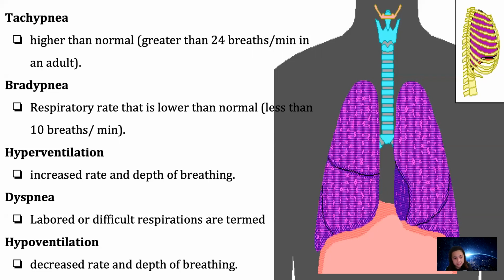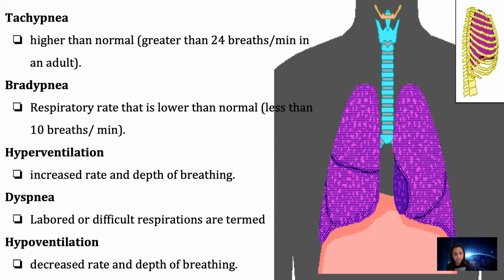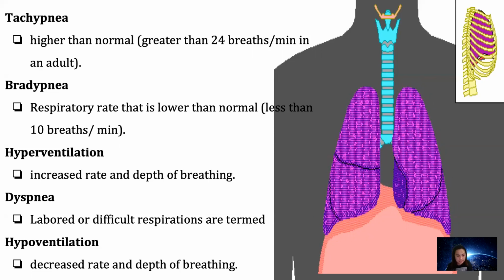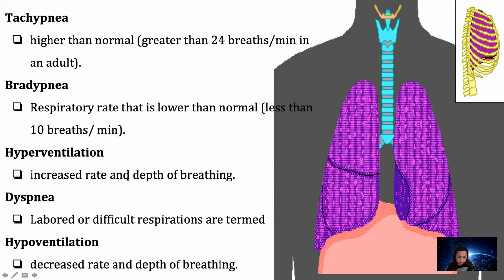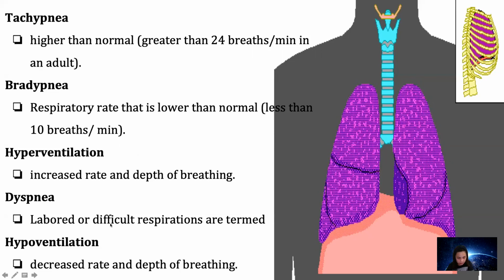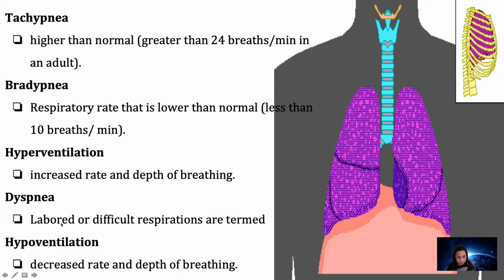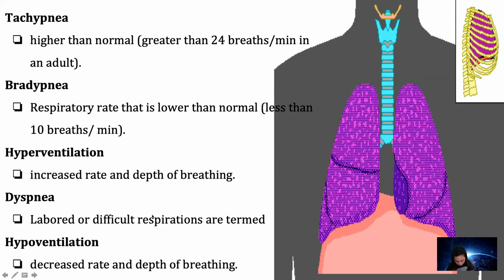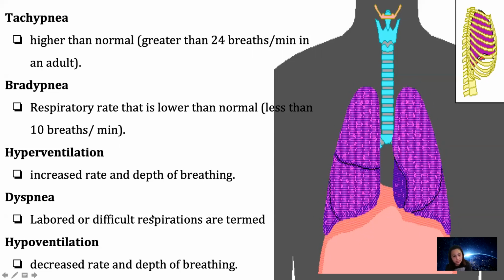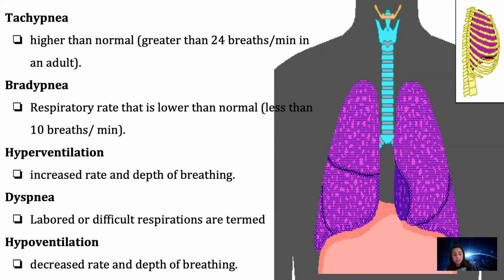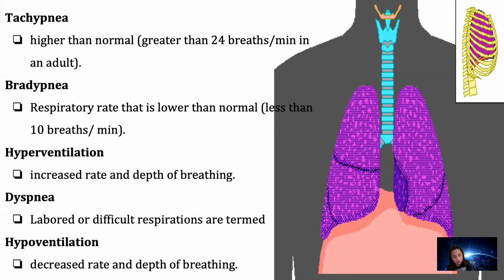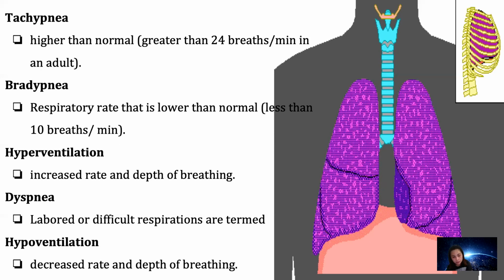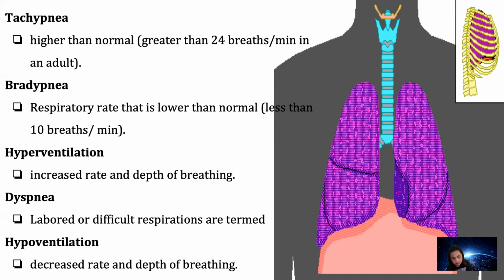Hyperventilation is increased rate and depth of respiration. Then dyspnea, D, it starts with D. It is labored, and D here is difficulty of respiration. So, people who have difficulty breathing are called dyspneic, and the condition or symptom is called dyspnea.